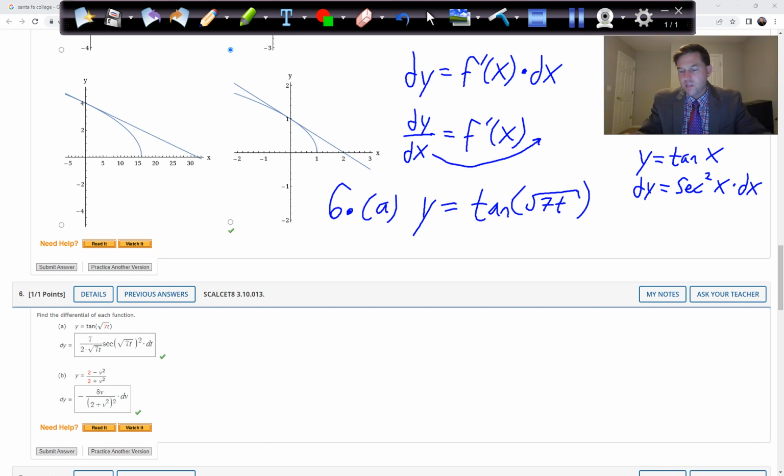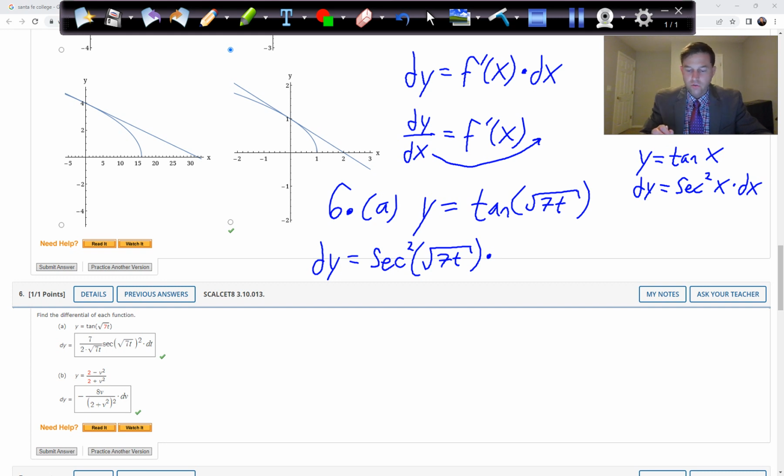So the only difference here is I don't have just x as the argument of tangent, I have the square root of 7t. So we're going to say dy is equal to secant squared of the square root of 7t times the derivative of the square root of 7t.